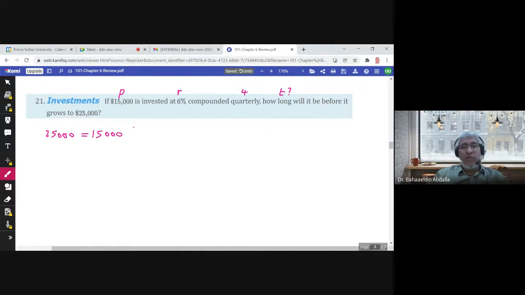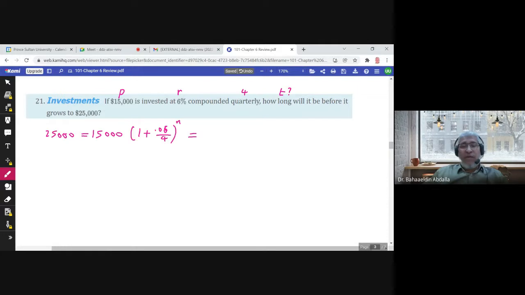And we use the formula 1 plus 0.06, which is r, over 4 to the power 4 quarters times t. We can find the number of quarters or the number of years. If you want to find the number of quarters, just the number of periods would be n.